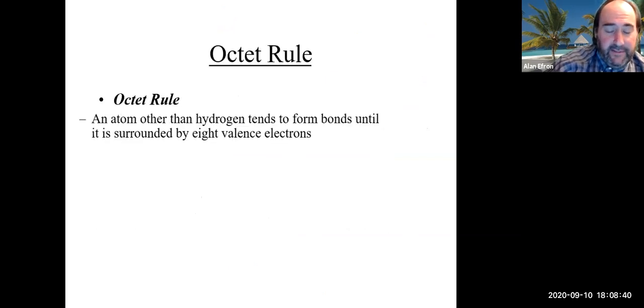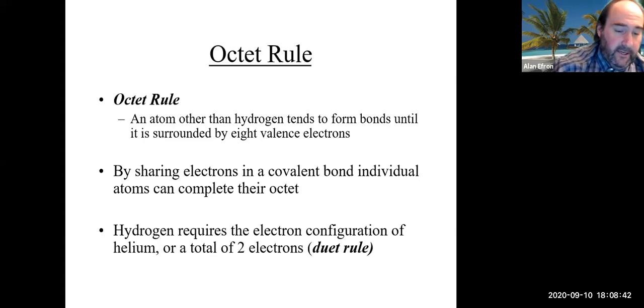So obviously, as you can see, 8 is a really important number, and that is our very famous rule in terms of bonding, which is our octet rule. The octet rule basically means that everybody will continue to make bonds until they have 8 valence electrons around them. They'll continue to share electrons, make bonds, whatever they need to do really to get to that 8.